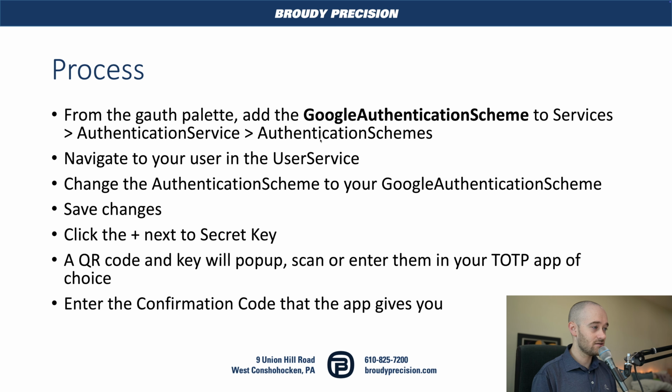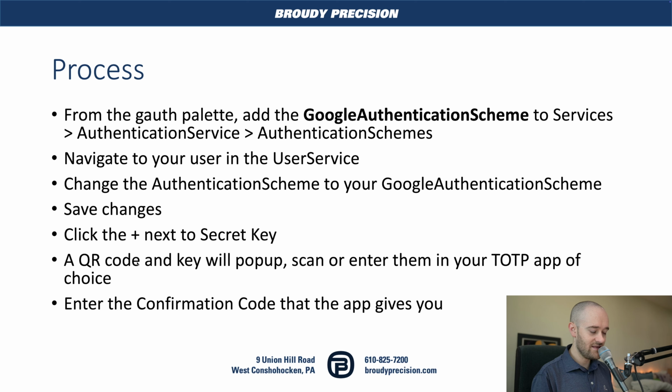So what's the process look like? Well, it's actually really simple. All you're going to be doing is adding in this Google Authentication scheme, which comes up underneath the new gAuth palette, to your authentication schemes on the station. Then we'll go into our user. We'll tell the user to use that authentication scheme. We'll save it. We'll pop open the QR code that you might be used to if you're used to using one-time passwords and two-factor authentication.